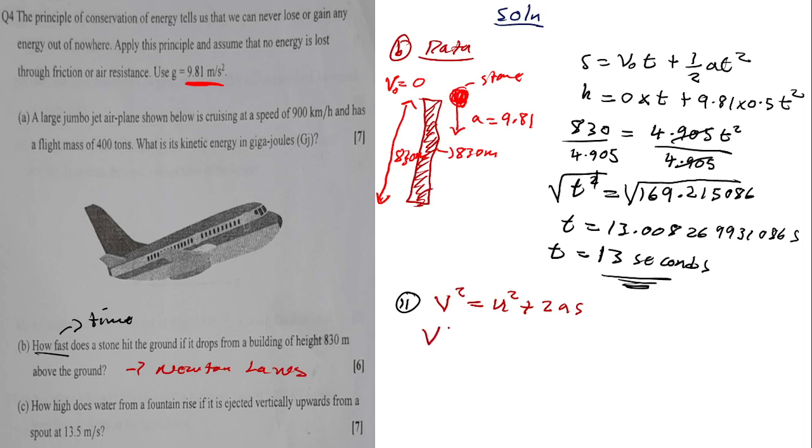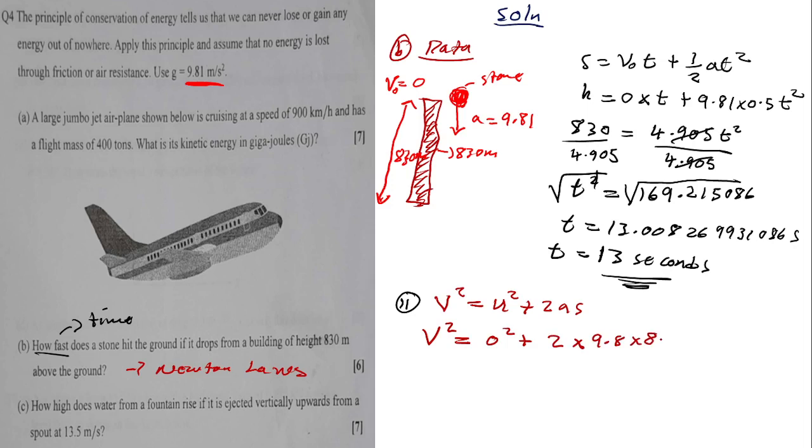So v squared will simply be equal to 0 squared plus 2 times 9.8, and then times the distance, which is 830.